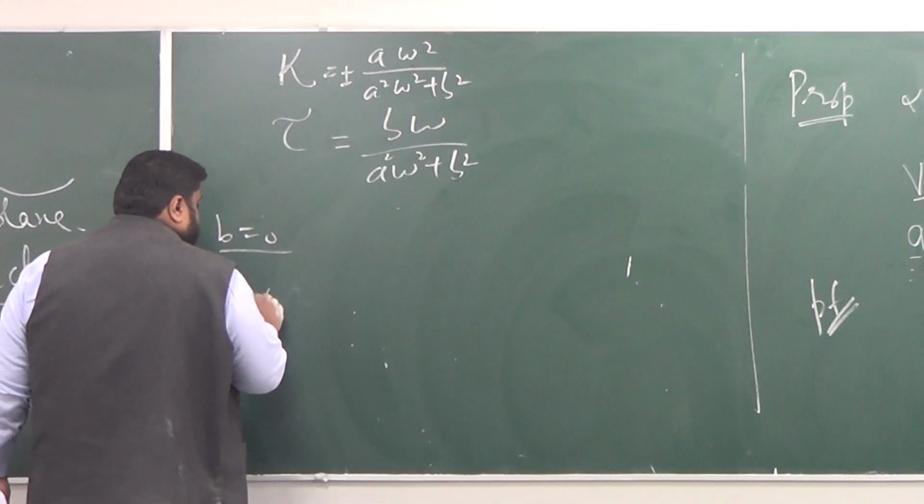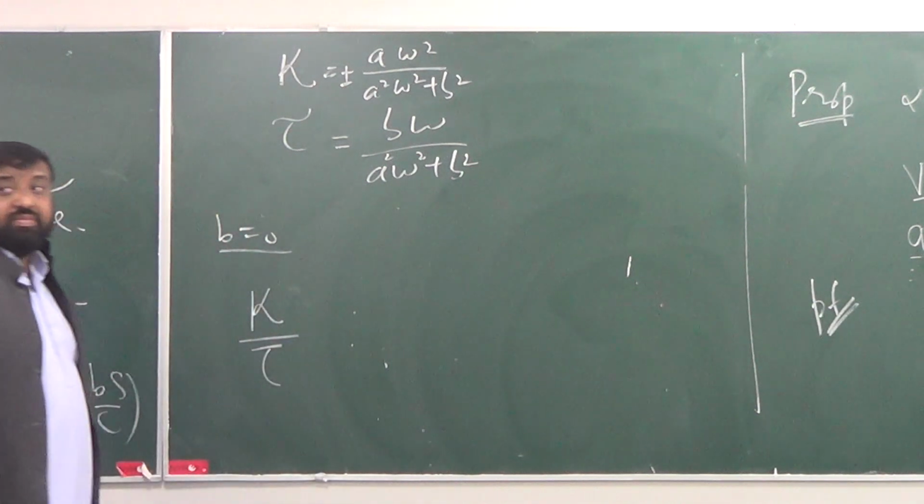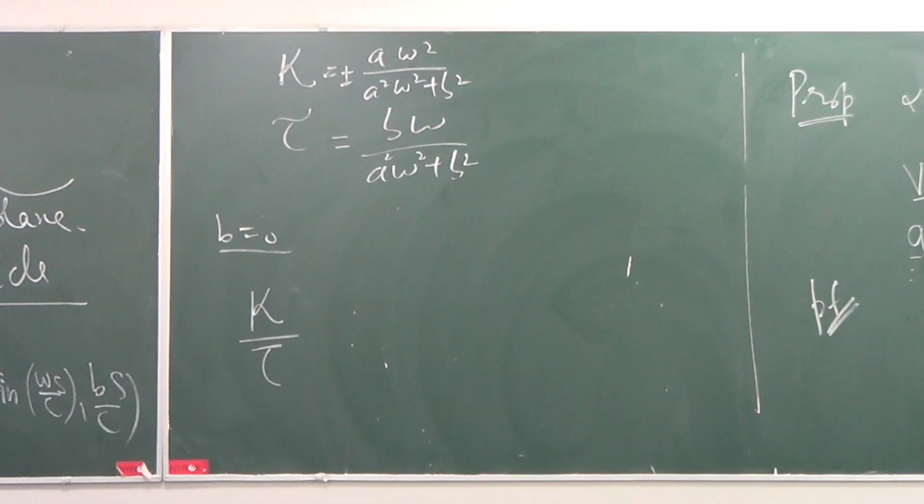In general, take the ratio of plus or minus kappa to tau. What is the interpretation of the plus or minus on curvature? Usually we take curvature as a positive quantity, but you can also take curvature as a negative quantity.